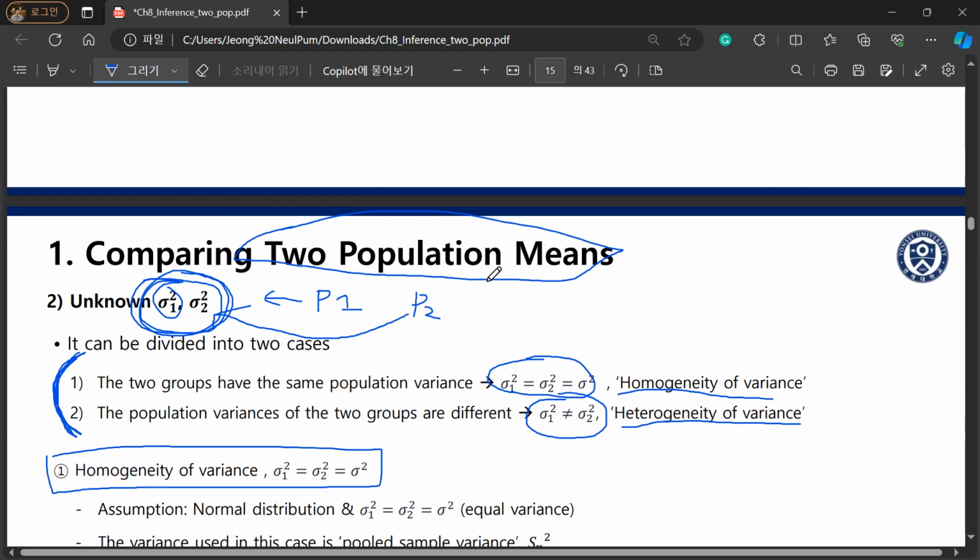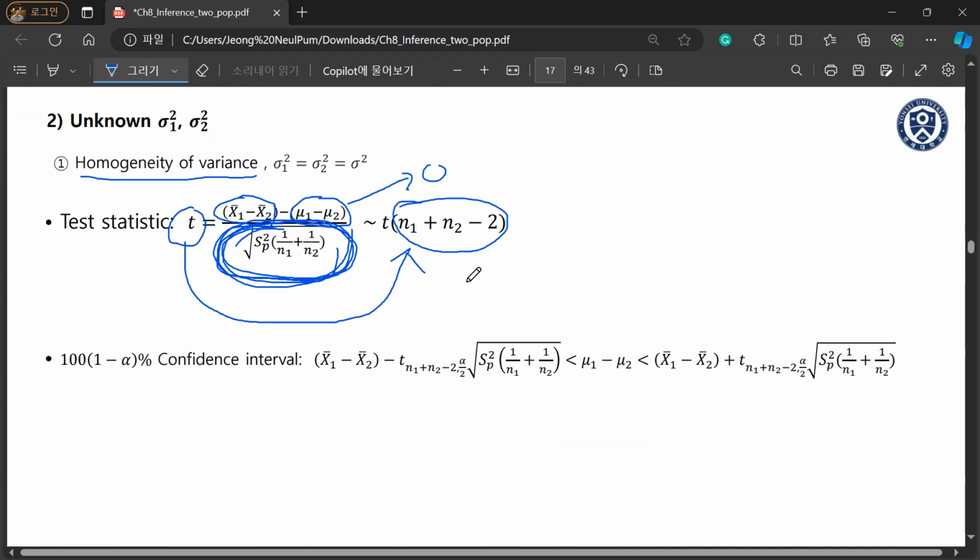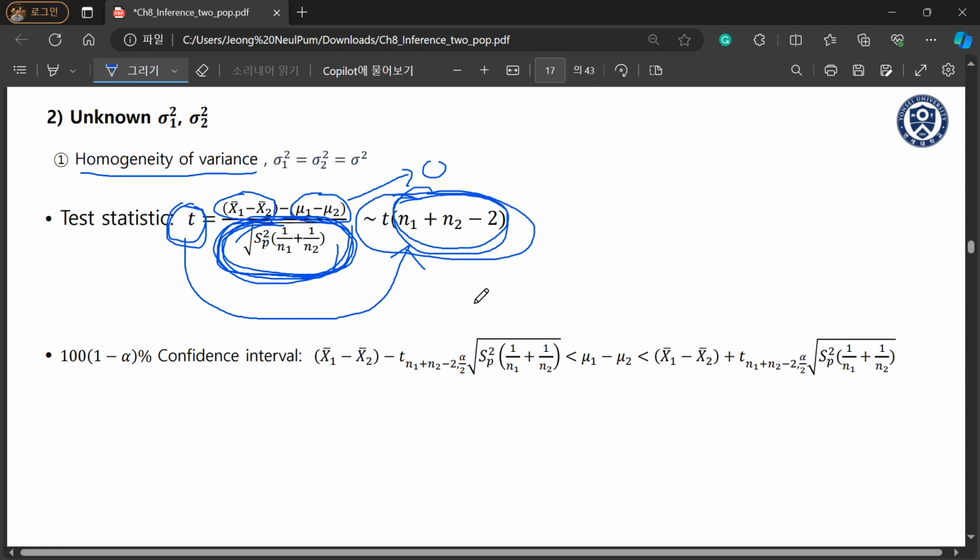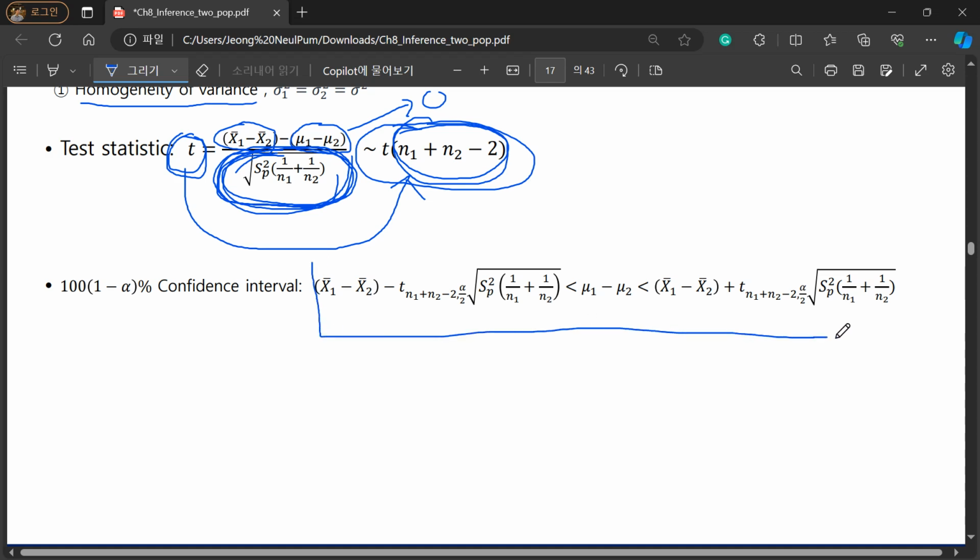We do not prove the result of this one, but we have to accept the result. So what you have to do is just remember the formula and remember that this test statistic follows the t distribution with degrees of freedom sample size 1 plus sample size 2 minus 2. And the confidence interval is this one.